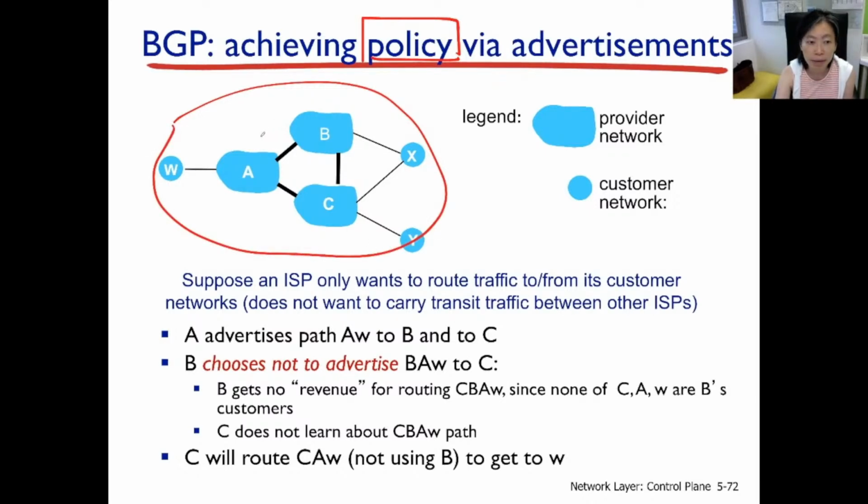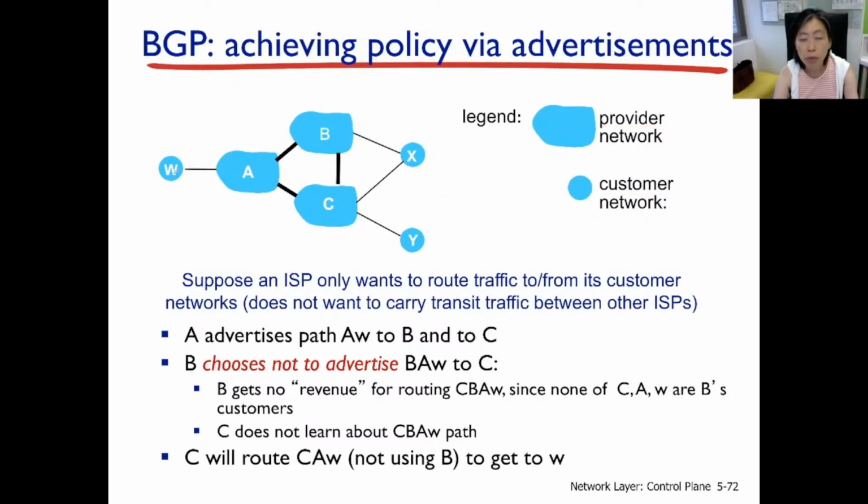Consider this network. We have three ISPs in the middle, A, B, C, they are the provider networks. W, X, Y are the customer networks. More specifically, W is the customer of ISP A. So W pays A some amount of money every month, and A will in turn help W pass packets going out to the rest of the internet or coming in from the internet.